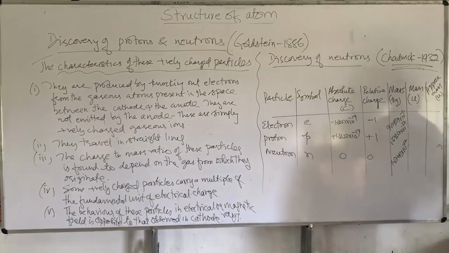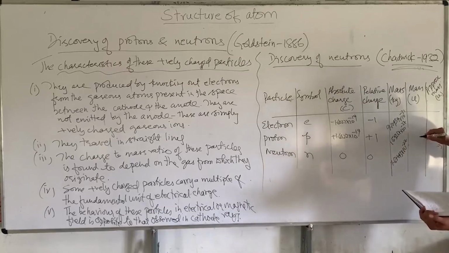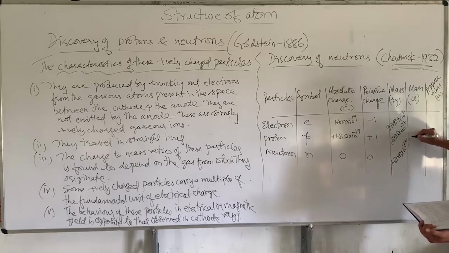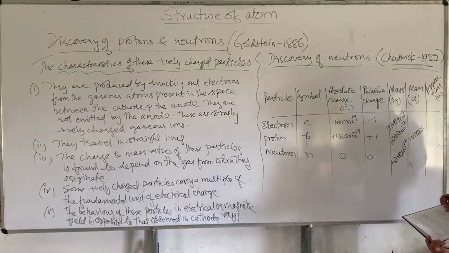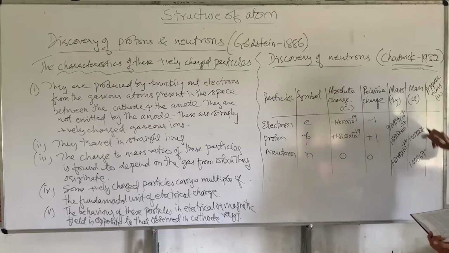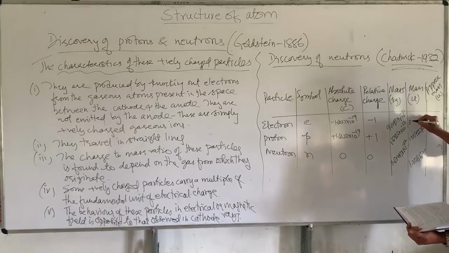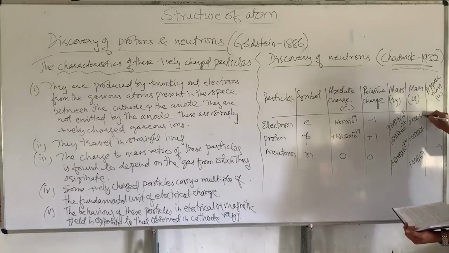Then mass in terms of atomic mass unit, or unified mass: for a proton it is 1.00727. For a neutron, it is a little more than this, 1.00867, and that of an electron it is 0.00054.